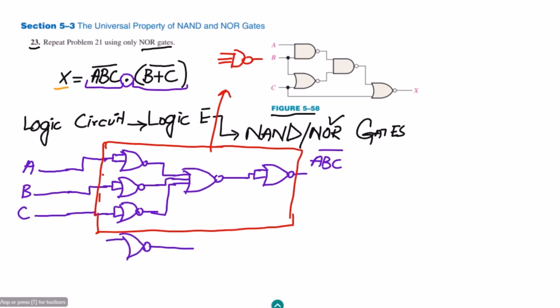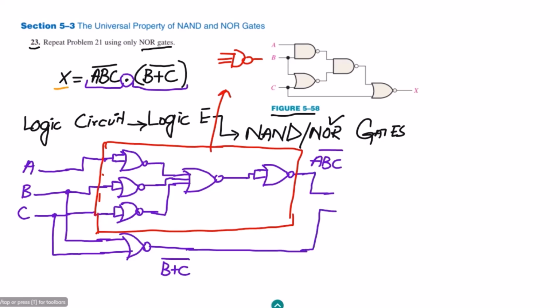To this we have 2 inputs, to them let me apply this first B, and then to the second one let me apply this one, and at the output of it, I will get B plus C whole complement. So these are the 2 outputs. The first one is A, B, C whole complement, the second one is B plus C whole complement.